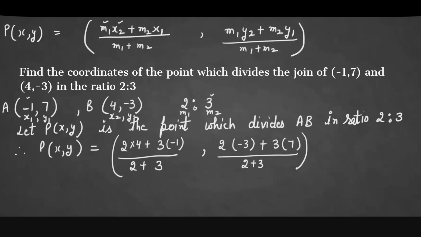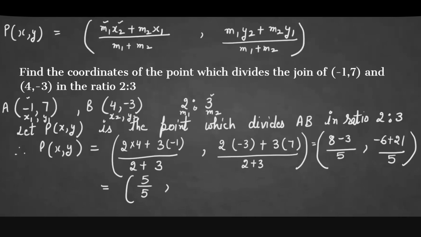Once you solve it, you will get 2 into 4 is 8, plus 3 into minus 1 is minus 3, and this will be 5, comma 2 into minus 3 is minus 6, and 3 into 7 is plus 21 over 5, which equals 8 minus 3 is 5 over 5, and minus 6 plus 21 is 15 over 5, and finally you can simplify it.